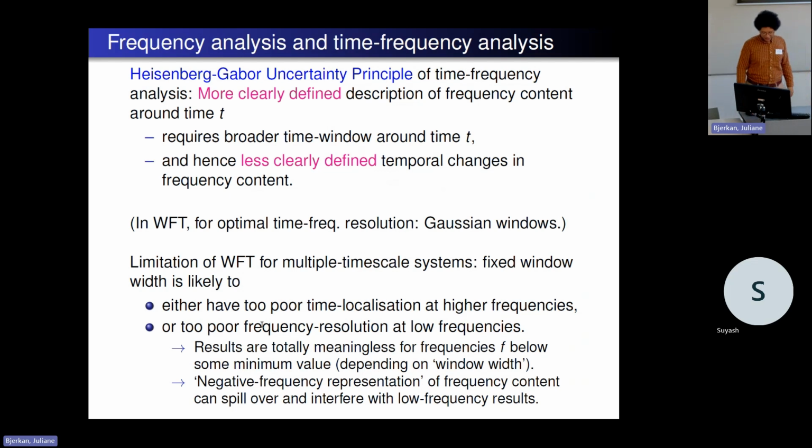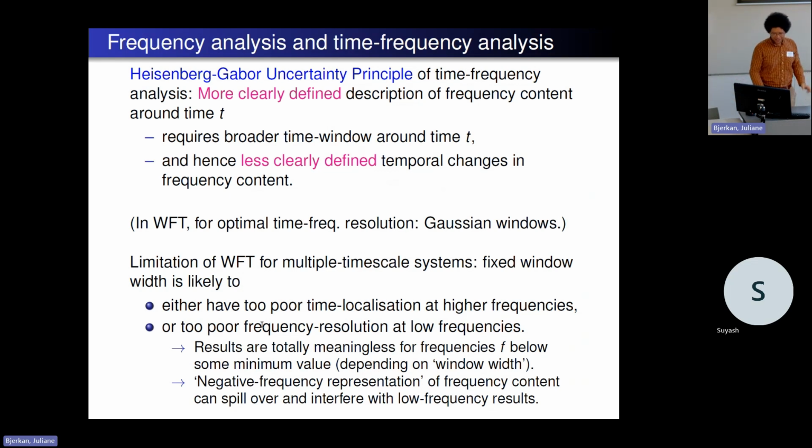And another related issue. When you do a frequency analysis, oscillatory components are represented as a positive frequency, but they're often also represented as a negative frequency as well. Now we're interested in the positive frequencies, but they exist in the negative frequency axis as well.